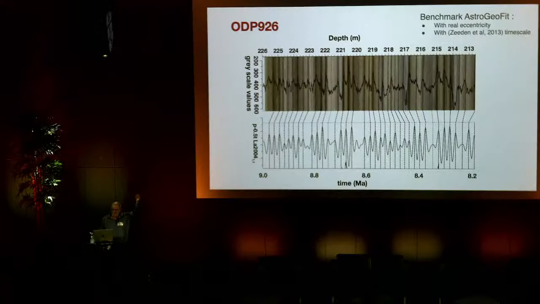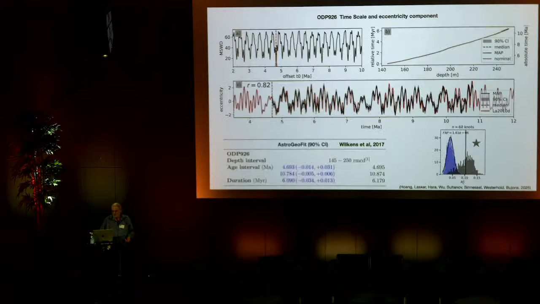You have mud. That's the only thing you have. You have this core of mud, and from this only you recover in a precise way the orbital evolution of the Earth.